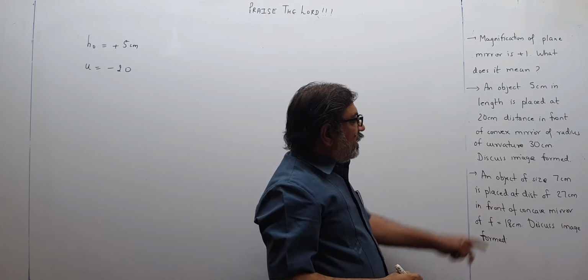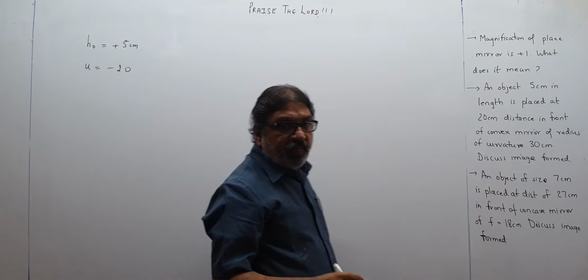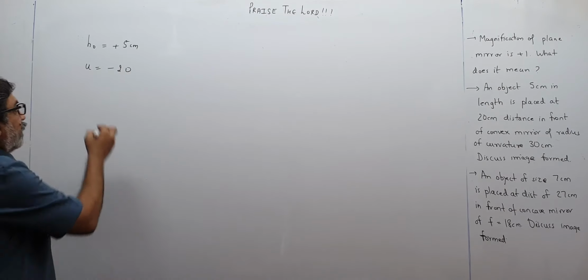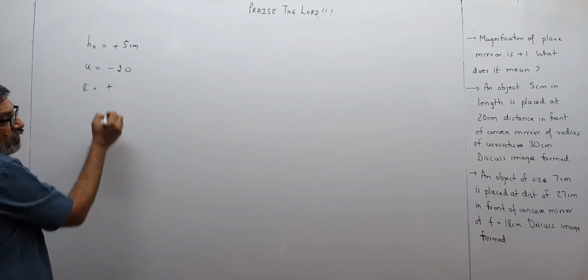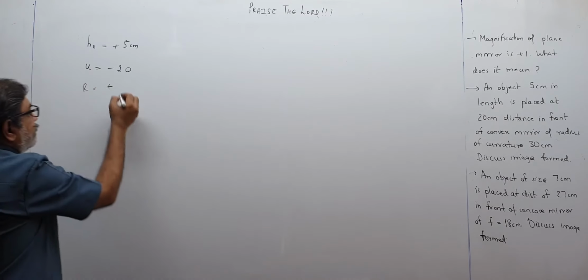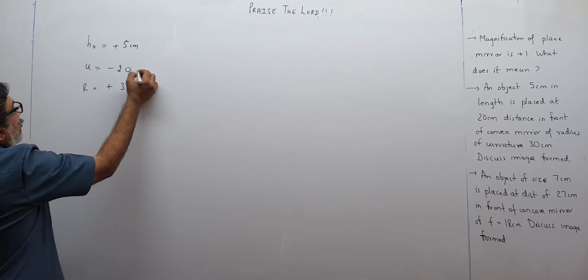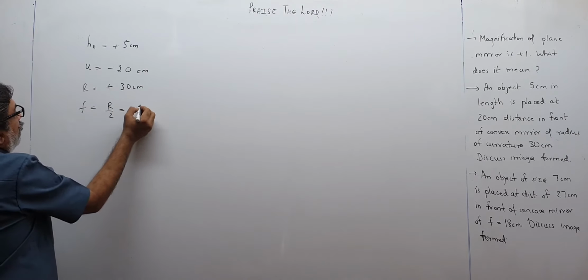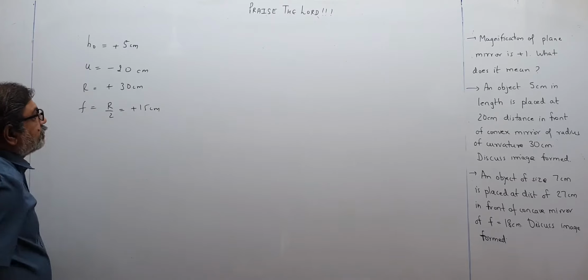Radius of curvature is 30 cm for a convex mirror. For a convex mirror, the focal length and radius will be positive, therefore r will be plus 30. So f will be r upon 2, that will become plus 15 centimeter.